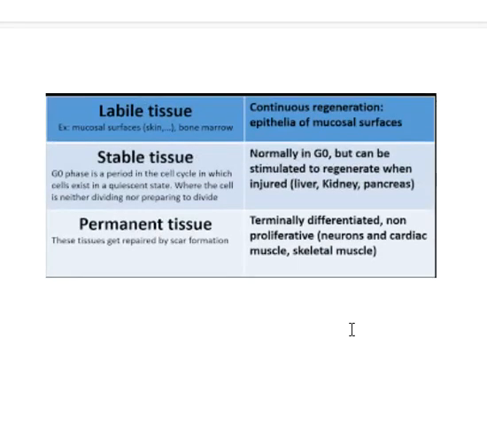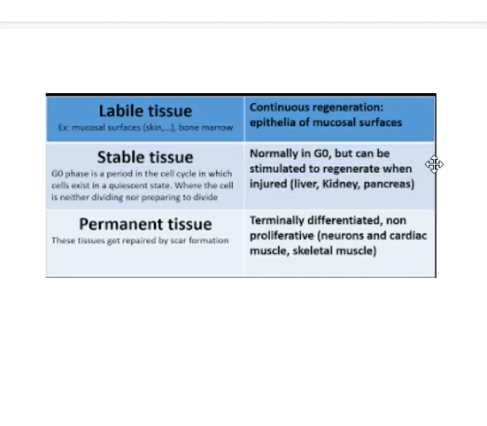Here we have our table with labile tissue, which is for example skin and bone marrow, and it is continuously regenerating, and stable tissue, which goes to G0 but can undergo the cell cycle, depending on whether it has injury or not.